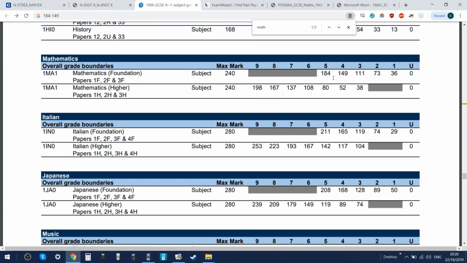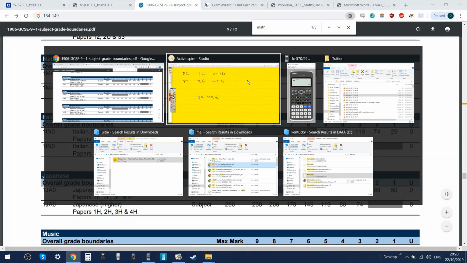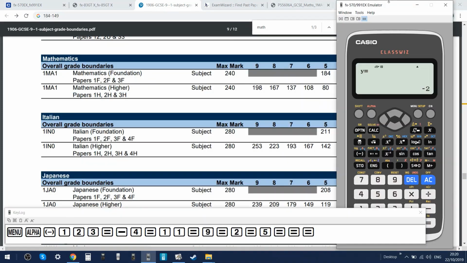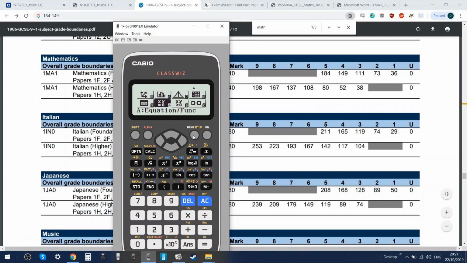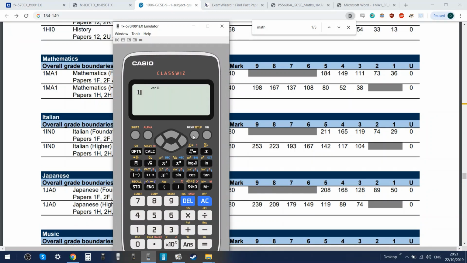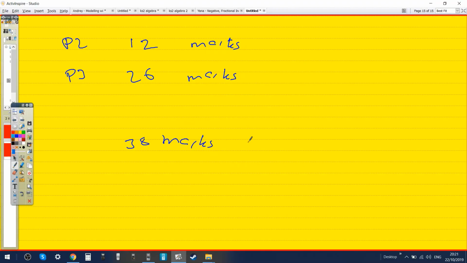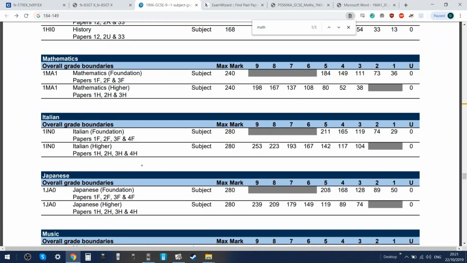If you were a grade 3 and you wanted a grade 4, then you needed how many extra marks? You needed 149 take away 111, so an extra 38 marks. And how many did we just get? 38 marks. So if you were a grade 3, now you are a grade 4.